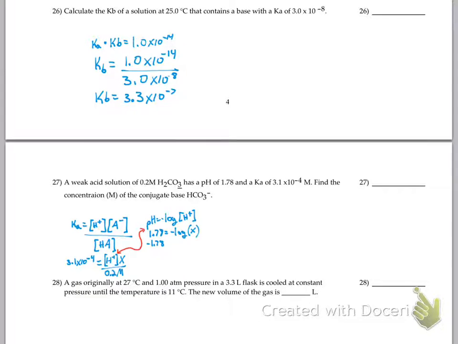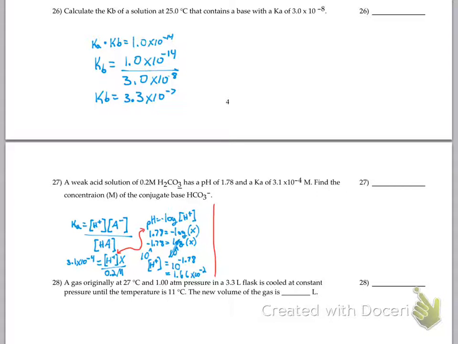Negative 1.78 equals the log of X. And then to cancel my log, it's just an exponent, 10 to the caret. That will cancel. Then my H plus concentration, what I'm solving for, is equal to 10 to the negative 1.78, which is 1.66 times 10 to the negative 2.